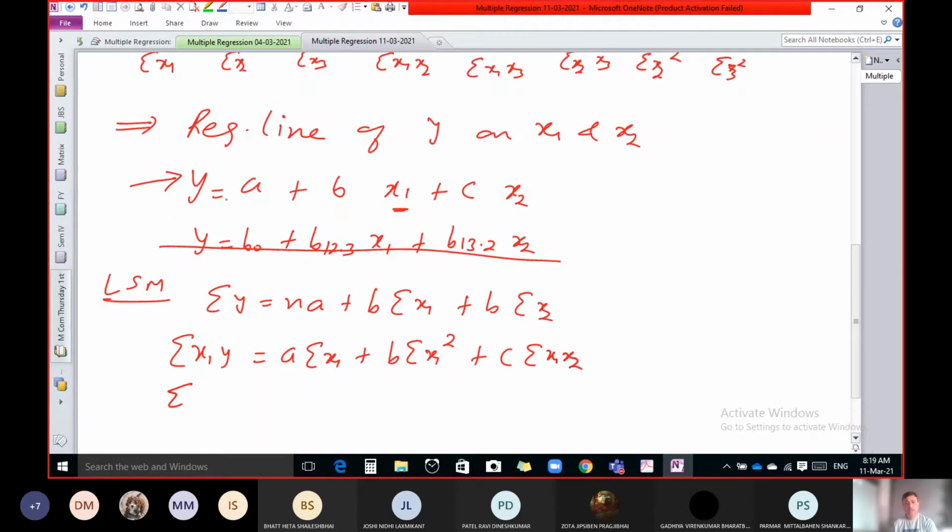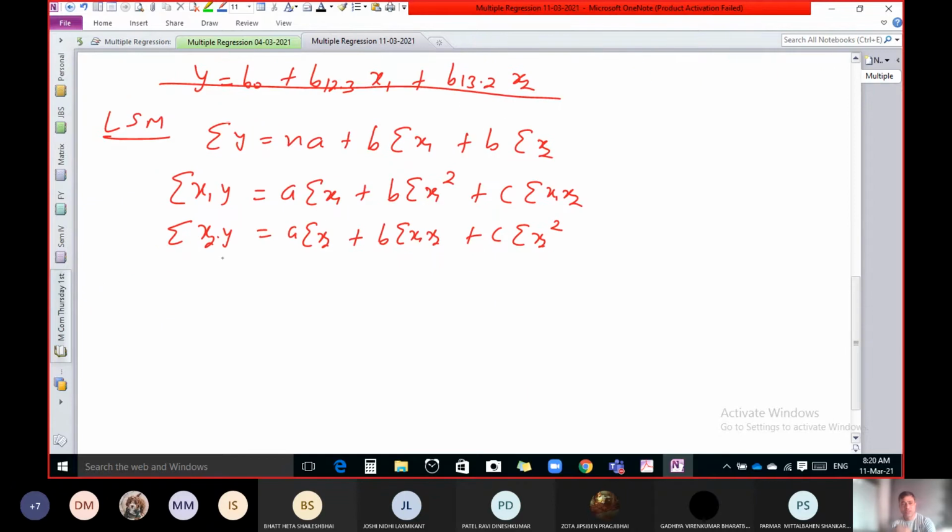Then multiply the first equation by x2. So we get sigma x2 y equal to a sigma x2 plus b sigma x1 x2 plus c sigma x2 square.